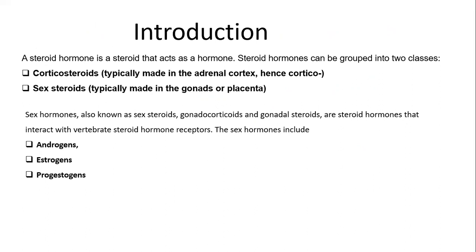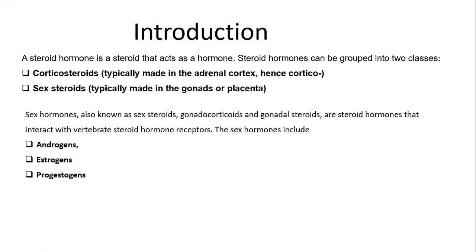So what are steroids? Basically, steroids are hormones, and these hormones are further classified into two different classes. The first is known as corticosteroids, which are typically produced in the adrenal cortex, while the sex steroids are produced in the gonads or placenta.